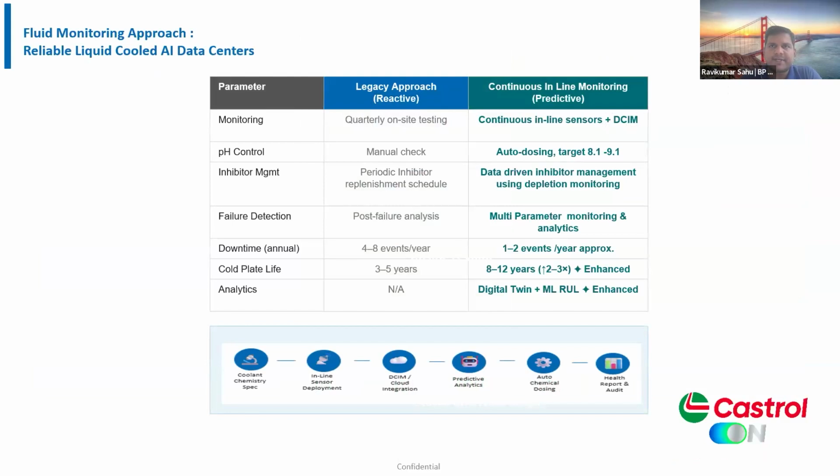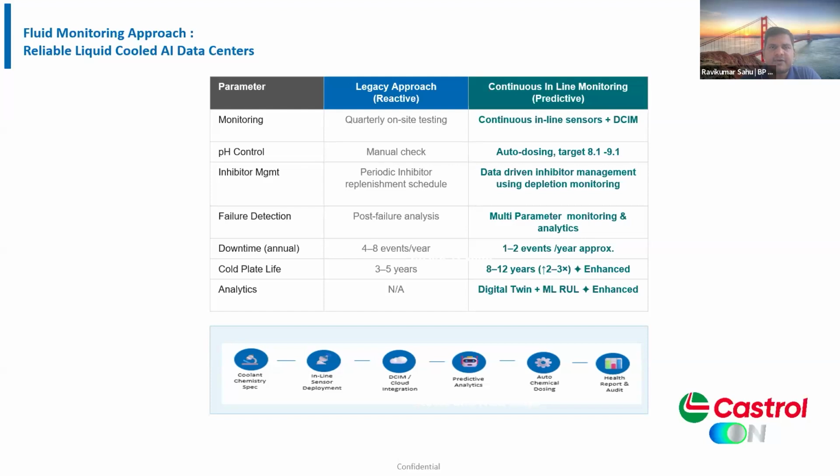We do lab sample testing on a quarterly or six-monthly basis. Instead, we can have an inline fluid monitoring system installed either at your secondary return and supply headers, or near your CDUs, so you can take control of all the parameters which are critical for your fluid: your pH, your inhibitors, everything.